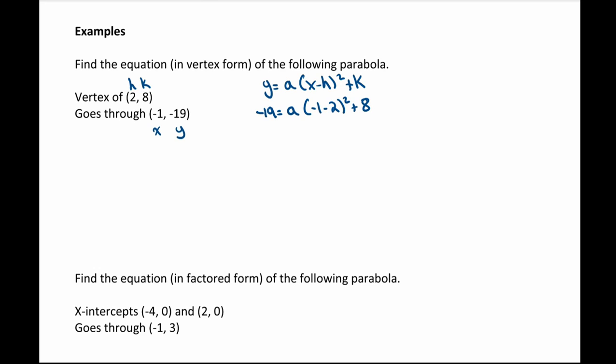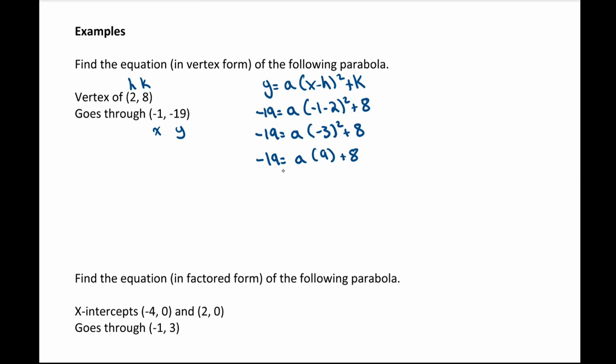Now I'm going to work through solving. -19 equals a(-1 minus 2 is -3) squared plus 8. -19 equals a times 3 squared, which is 9, plus 8. So now I want to solve for a.